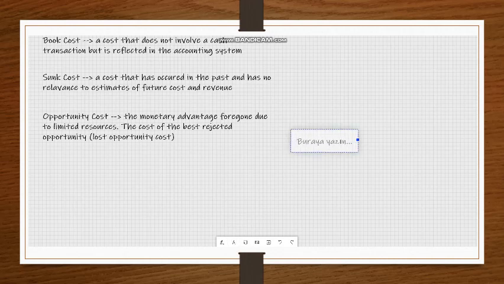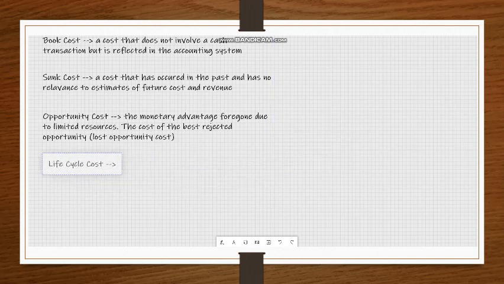And then life cycle cost, the last one, our last definition of the cost.